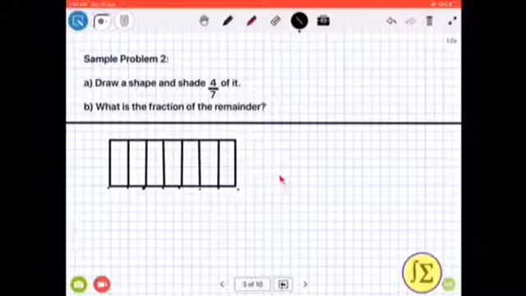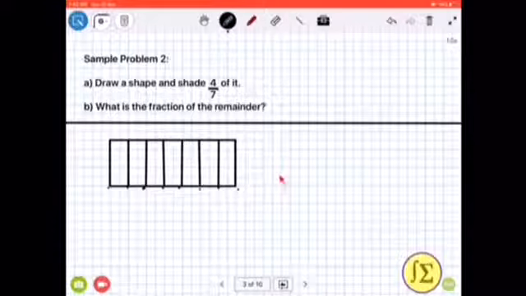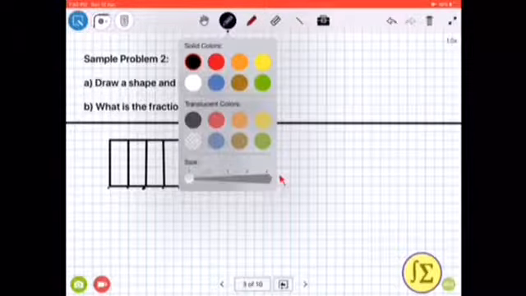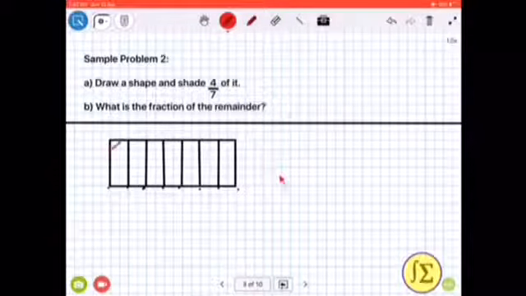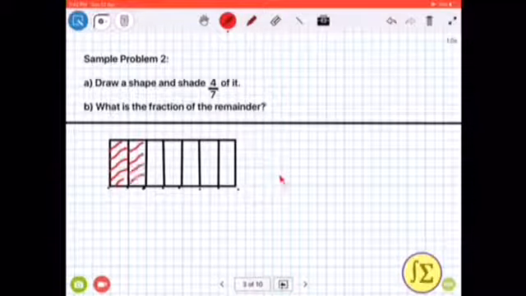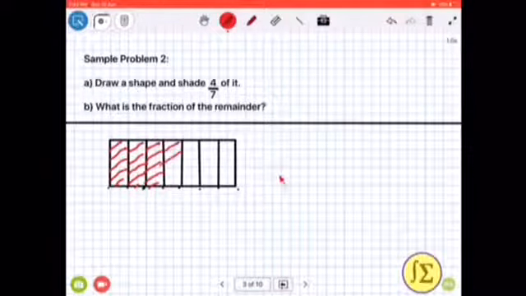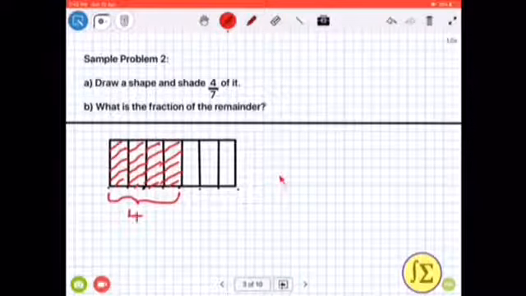Okay, so that's 7 equal pieces. All right, and then we're going to shade 4 over 7 of it. So I'll change my color to red, and this is piece number 1, piece number 2, piece number 3, and piece number 4. Okay, so this represents 4 over 7.